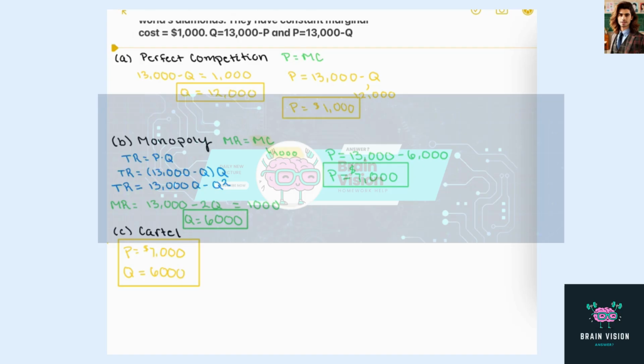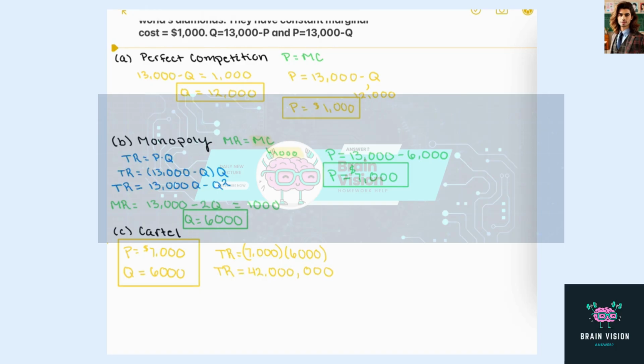So let's go ahead and figure out what our total revenue would be here. And total revenue being equal to price times quantity is going to be our price of $7,000 times our quantity of 6,000, which gives us a total revenue that's equal to $42 million. But we want to know the profits.